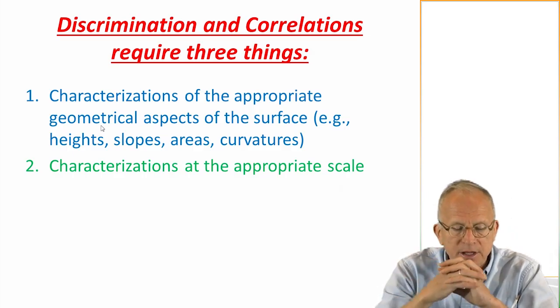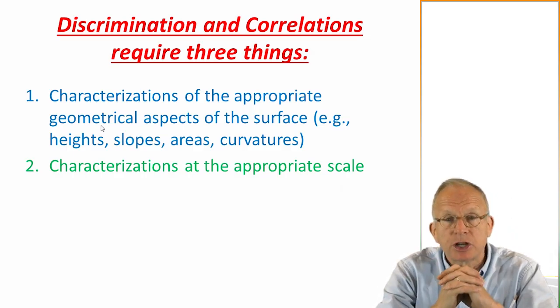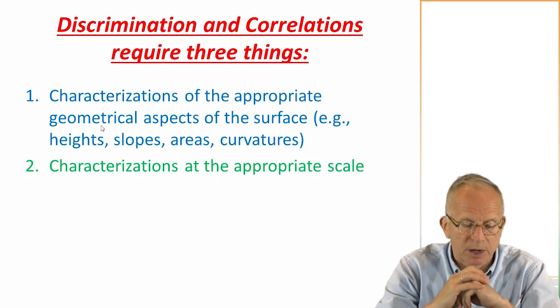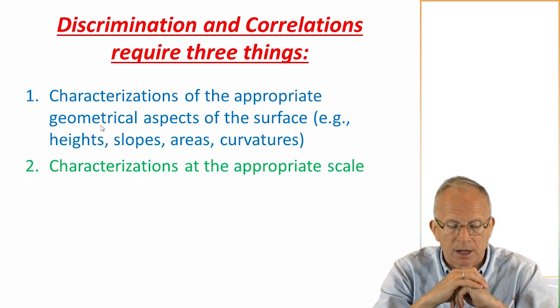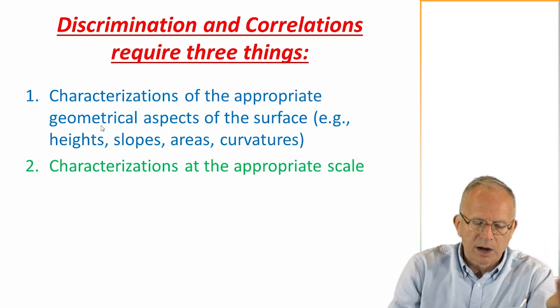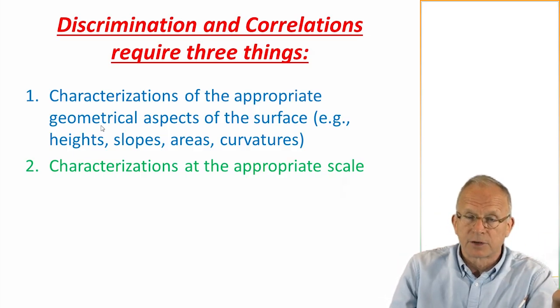Now, all of these slopes, areas, and curvatures change with scale, and heights can too in a special way, and we'll show that in the next lecture. But characterizations at the appropriate scale. So area changes with scale, for example.